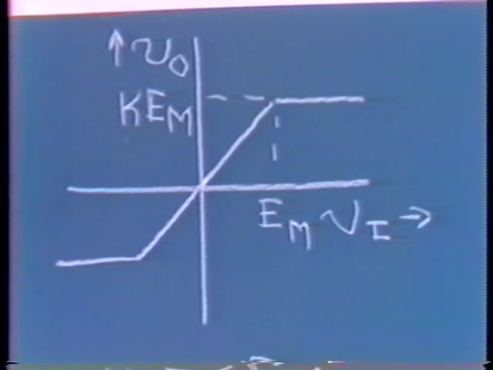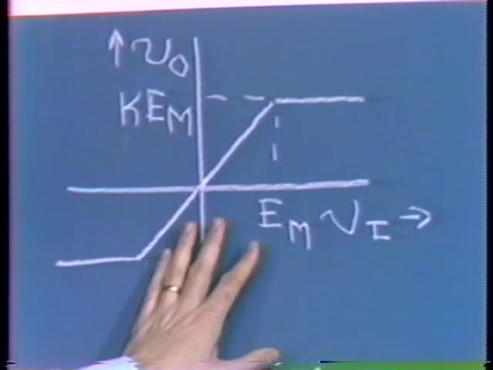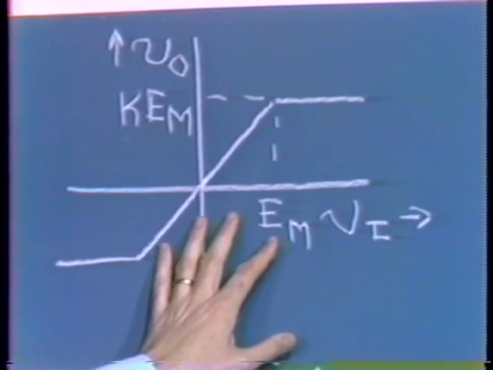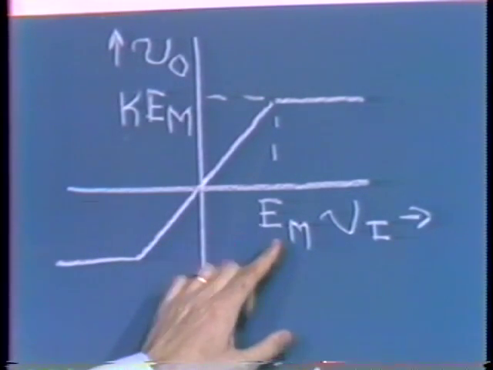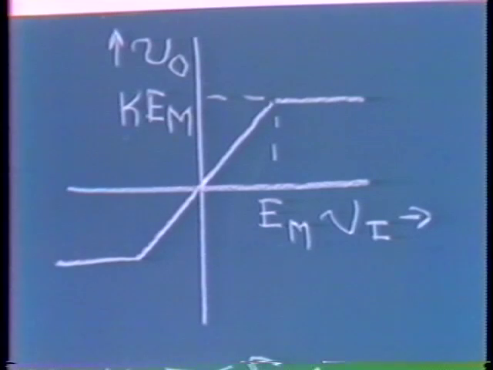So what this does, when we apply a sinusoid, providing our test sinusoid has a peak amplitude less than E sub m, we find out that the gain of our element is simply k. We put in a sinusoid, we get out a sinusoid, the gain is simply equal to the slope of the transfer characteristics in the vicinity of the origin.